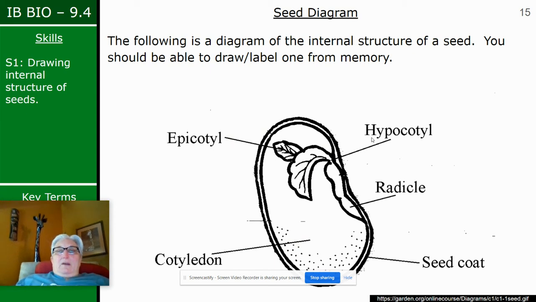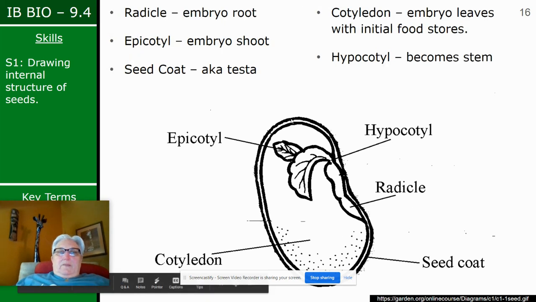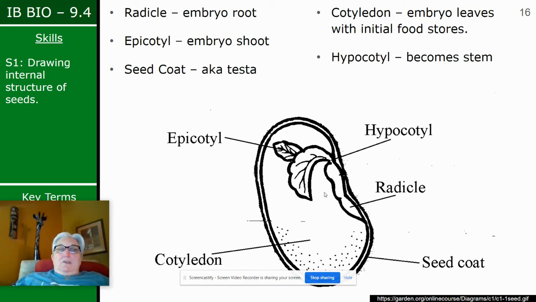This is another command term, draw, is the actual structures of the seed. When we look at these 3 pieces here, the radicle comes from the root, the shoot over here, the epicotyl, and then the hypocotyl. So these 5 things would have to be included in a drawing.